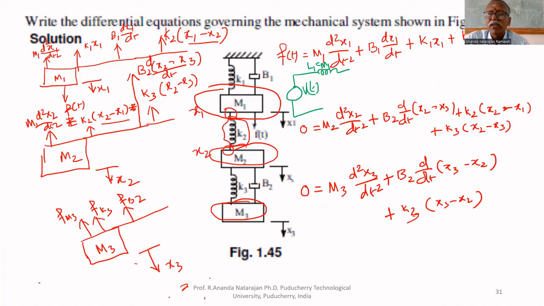B1 dx1. What is the current through this? I1. Current through this is I1. So V equal to what? R. Therefore, R1. This is K1. Therefore, C1 equal to 1 by K1. That's all. As far as K2 is concerned, 2 variables are involved, X1, X2.